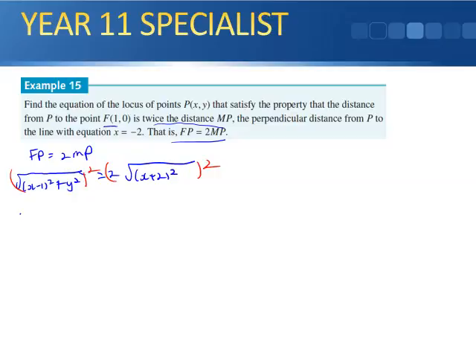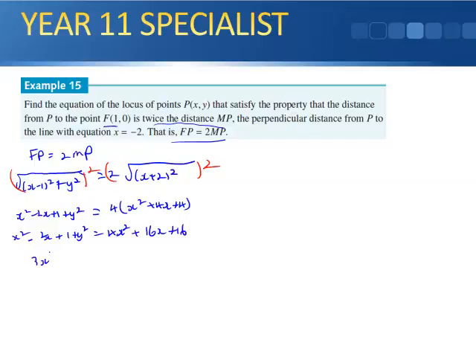And I get, and I'm going to expand at the same time, x squared minus 2x plus 1 plus y squared will equal 4 times x squared plus 4x plus 4. So x squared minus 2x plus 1 plus y squared will equal 4x squared plus 16x plus 16.